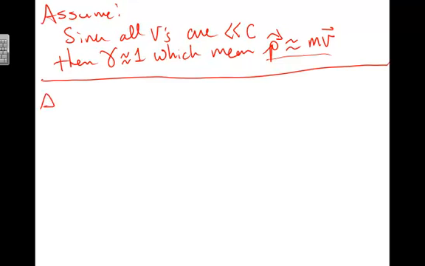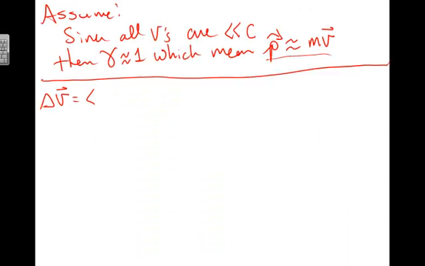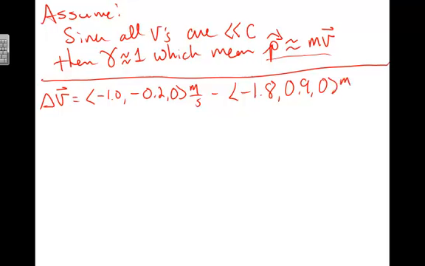Let me find my change in velocity. So my v final, going back here, is -1, -0.2, comma 0 meters per second minus v initial, which is -1.8, comma 0.9, comma 0.